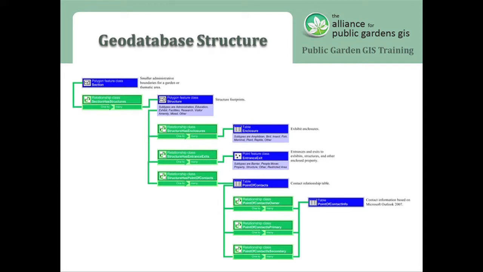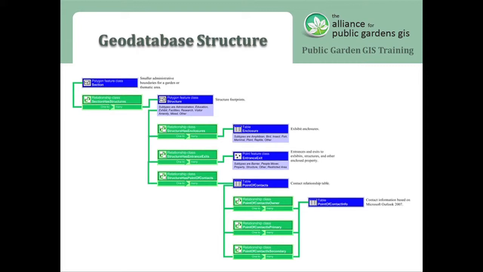So if we're looking into the data model, I want to give you some examples of how relationships work. One of the feature classes we have in the model is called section, and the section feature class is used to define smaller administrative boundaries for a garden or thematic area.